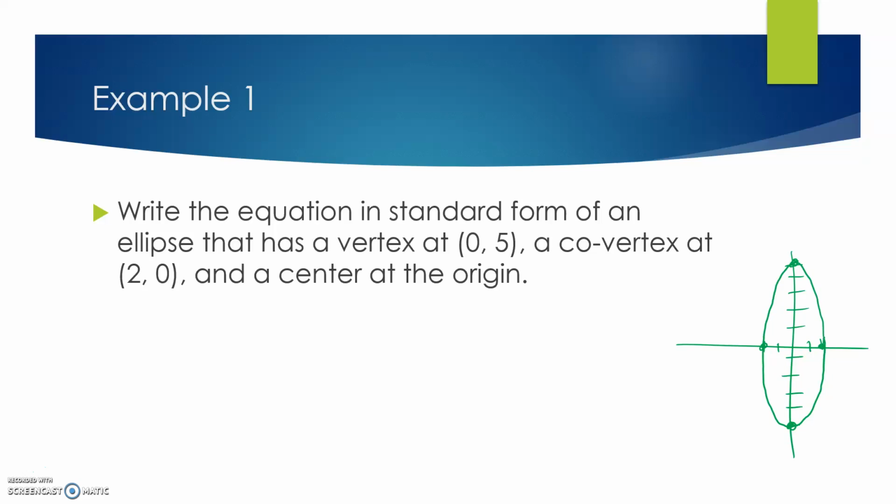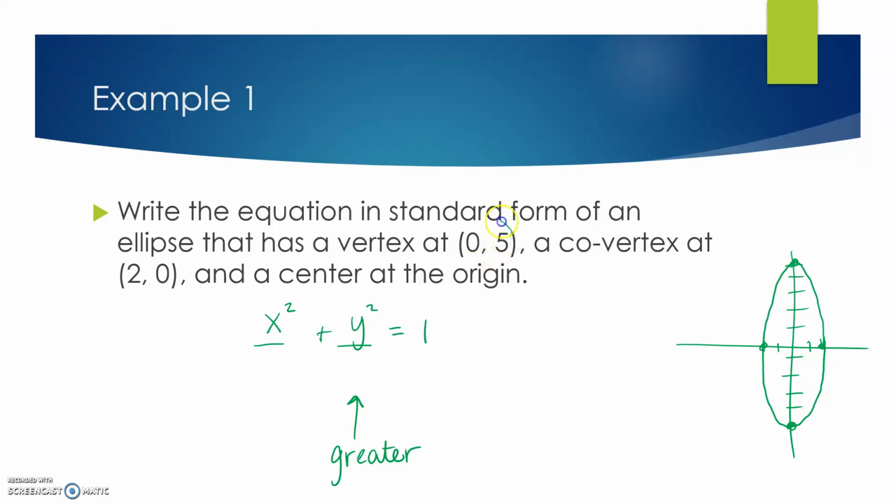And so what we're going to do is keep our x squared and our y squared. It's always plus, and it's always equal to 1. Now, for the numbers underneath, I'm going to say it's longer in the y-axis, so this has to be the bigger number.